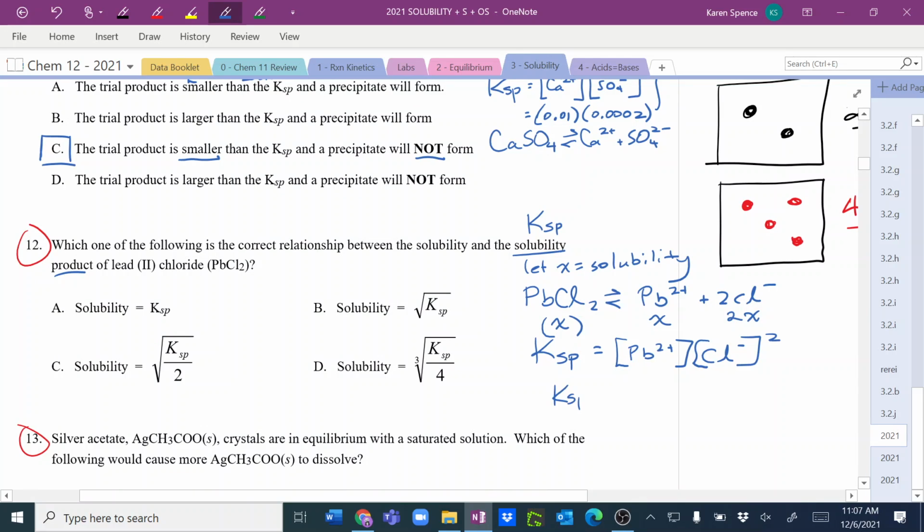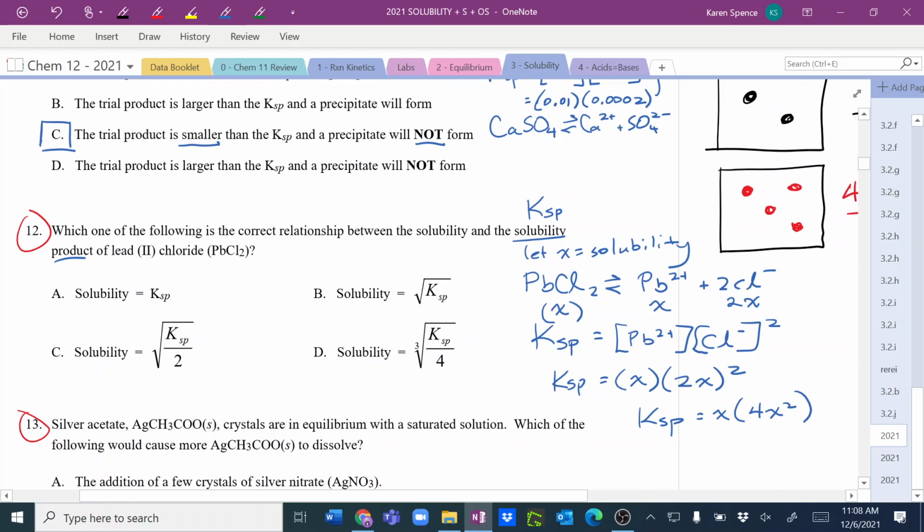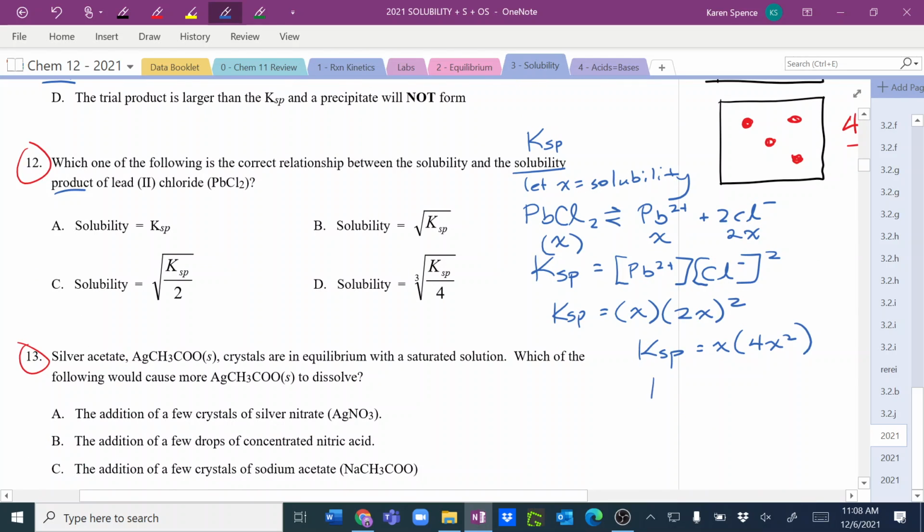So KSP is equal to X times 2X squared, which means that KSP is equal to X times 4X squared, which means that KSP is equal to 4X cubed.